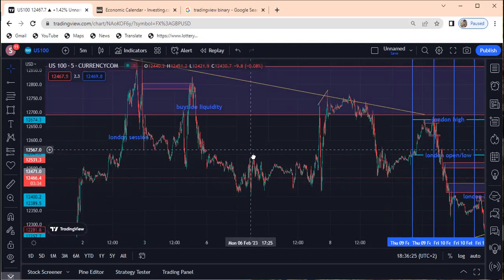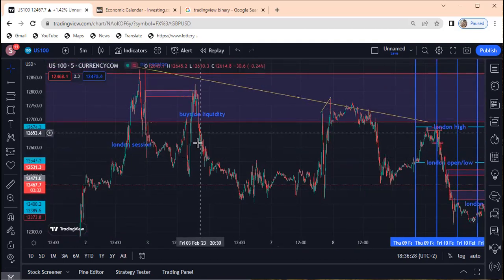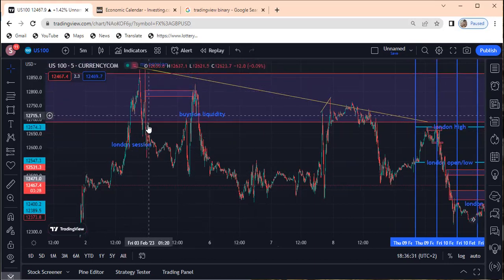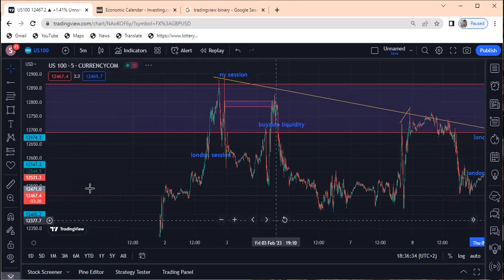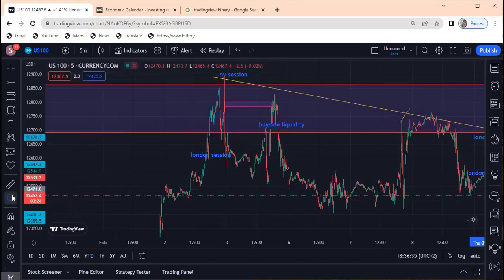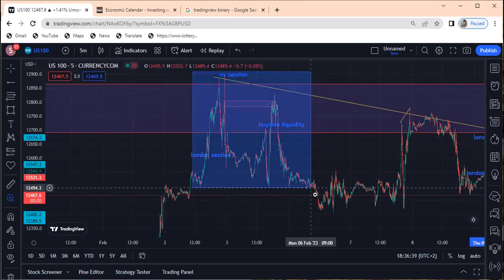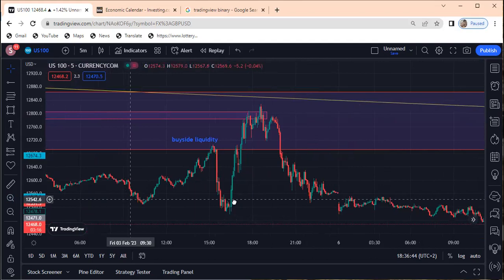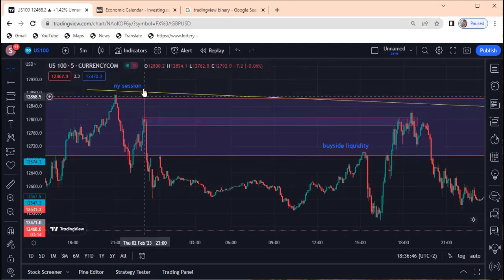For instance, here, you see this aggressive movement here. Let's just zoom in. This is what we would call an IPA, because it's quick, impulsive, and it stops.